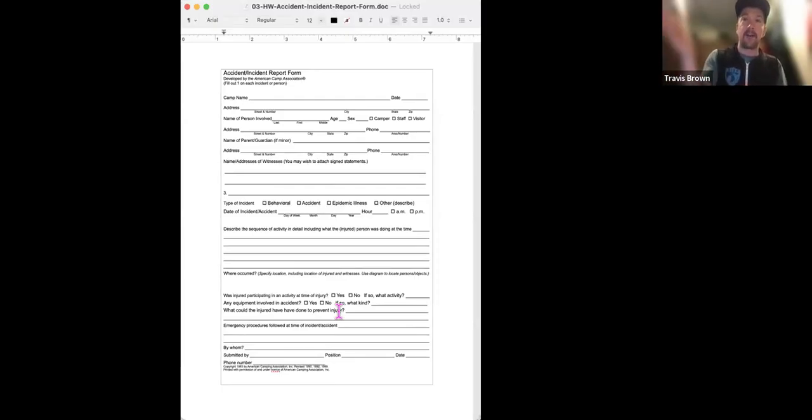And one of the prompts is, what could have been done to prevent this? I think that's probably where I'd have that instead of on the incident report, because to me, that's more on coaching after the fact, instead of purely documenting what occurred in your program. So important thing to talk about, I might take it off of the incident report.